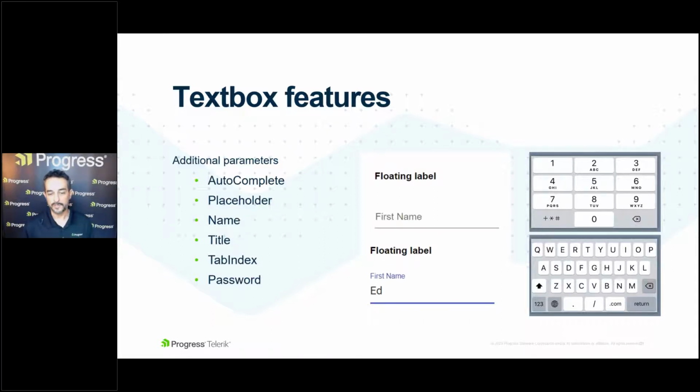For example, if it's password, it'll show dots. You can set the type to numeric or phone number, for example, to customize those mobile experiences. So if you're on a touch device and you click on one of our text boxes, it will display the context-aware keyboard that goes with that experience. So if you're entering a phone number, you get numerics only and that type of thing.